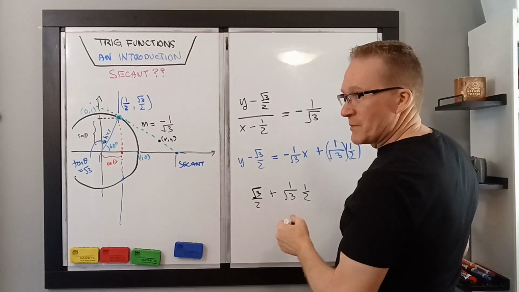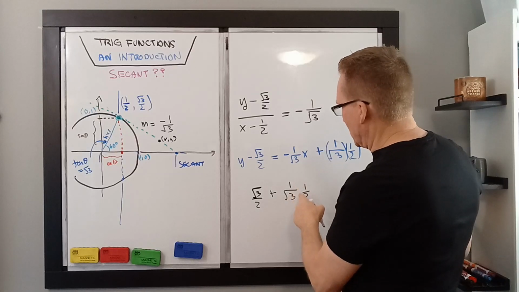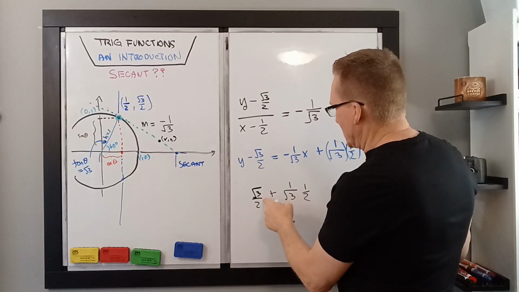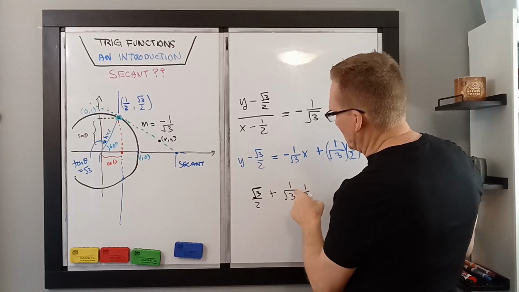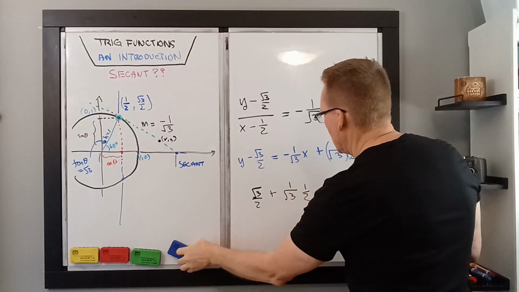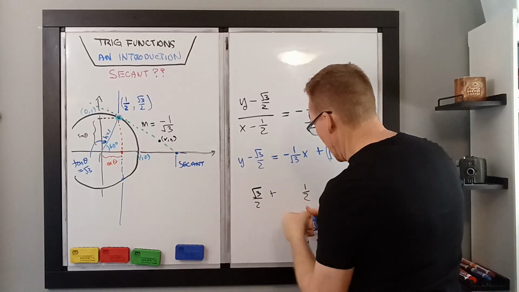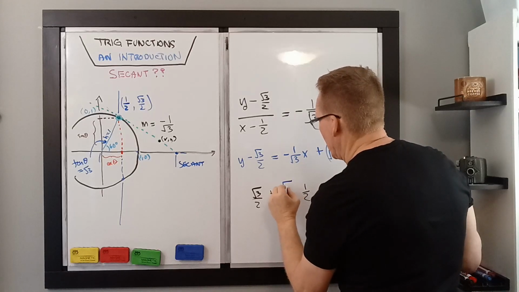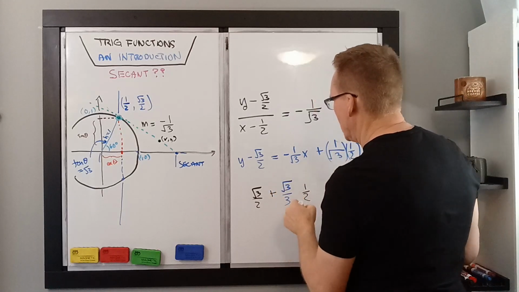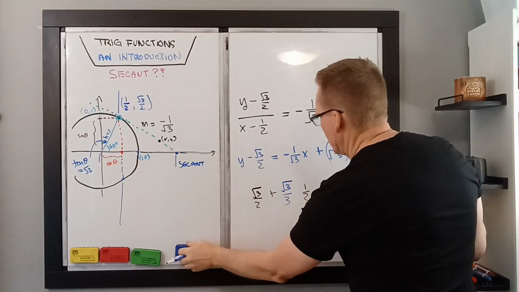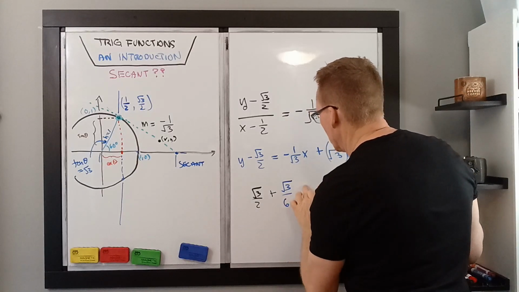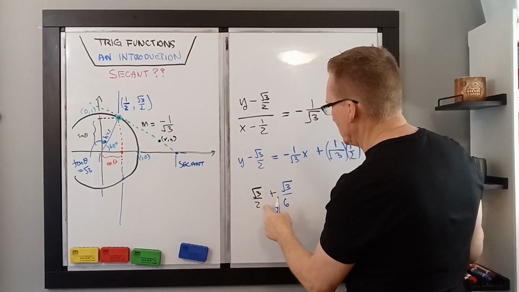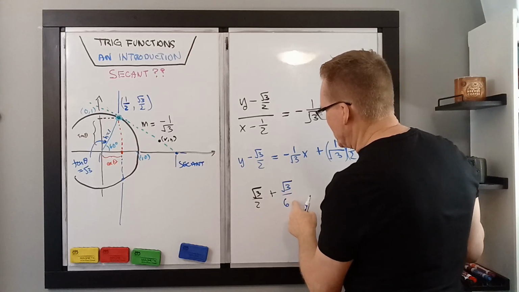And how do you add those up? Well, for one, what we'd like to do is have this in the same form, which means I'd like to have a root 3 here in the numerator. I could change this by multiplying the top and the bottom by root 3. So I'll do that, and I get root 3 on the top and 3 in the bottom. Now I have this times this, which is 6. There you go. So I've got root 3 over 2 plus root 3 over 6.